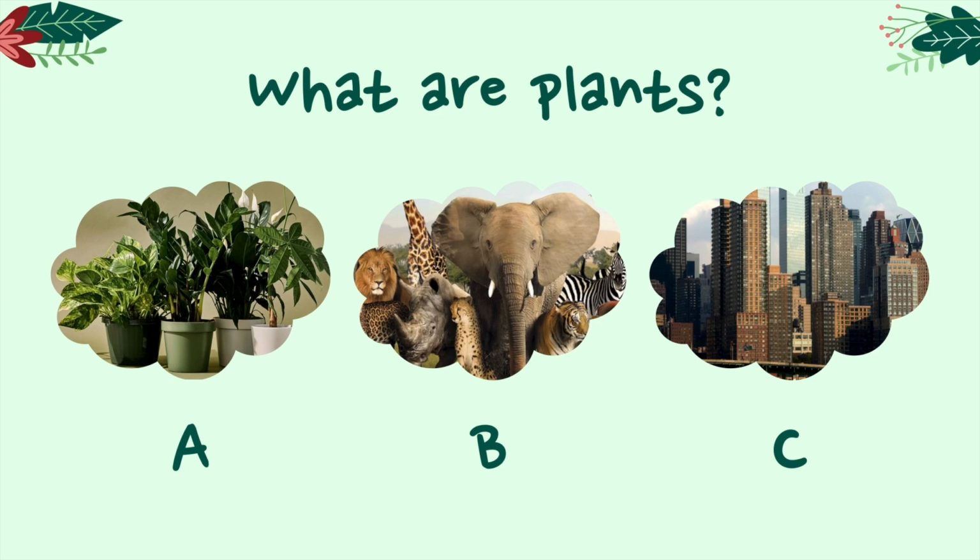But before I start, let me ask you a little question. Do you know what a plant is? Can you tell me which one of these pictures shows plants? It's okay if you don't know, but you can just try anyway. Is it A, B, or C?